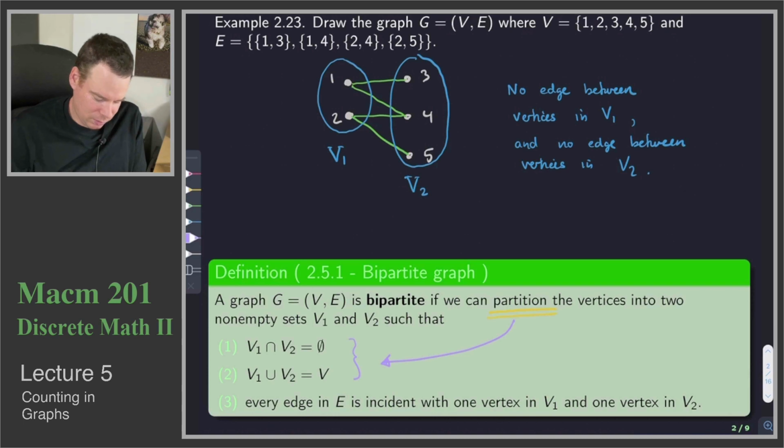So that's just a description of what a partition is. It's splitting up the set into two non-empty subsets which are disjoint and unite to the whole set. The last property says that every edge in E is incident with one vertex in V1 and one vertex in V2. So in other words, our edges sort of bridge across these two sets. That's what a bipartite graph is.